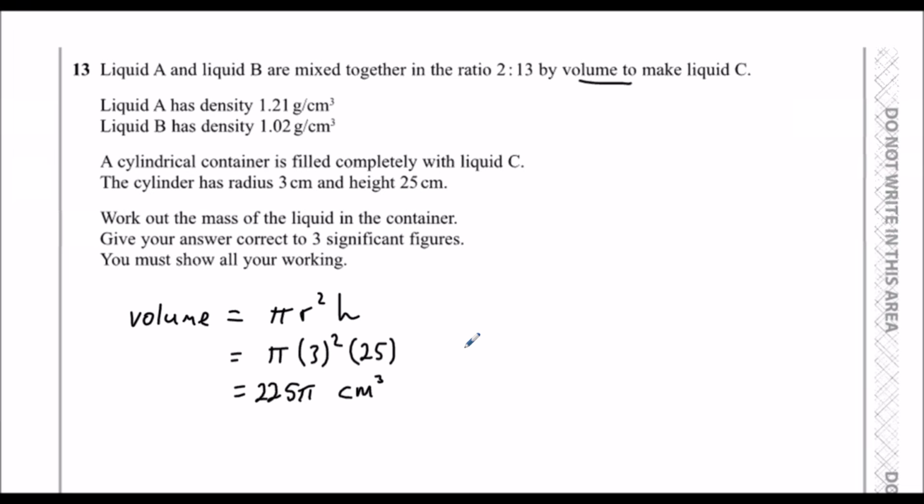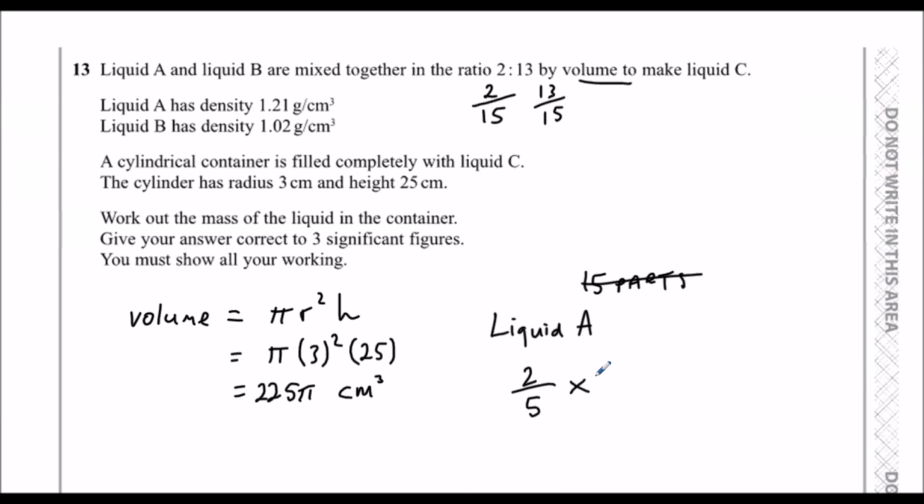So now we're going to share that in the ratio 2 to 13. So 2 parts and 13 parts mean we've got 15 parts. And actually we can just say it's 2/15 and 13/15. That will make it easier. So liquid A has a volume of 2/15 of 225 pi.